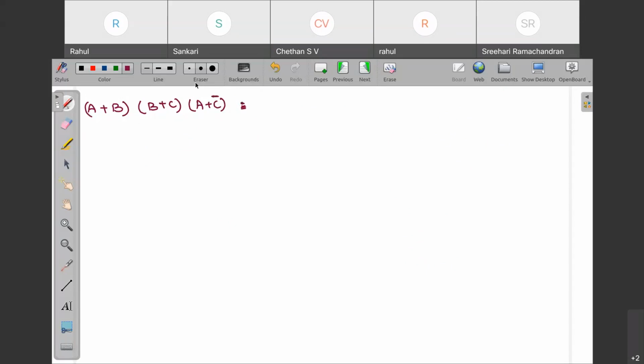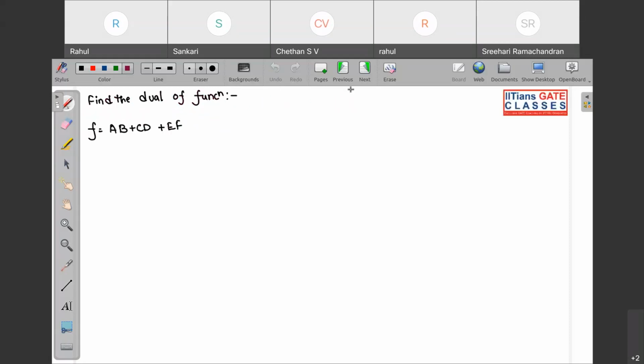So this is written in POS or product of sums form. You can see these are product and these are your sum terms. If you see, only C is in complemented and non-complemented form. So retain the terms of C. So this will be B plus C, A plus C complement.